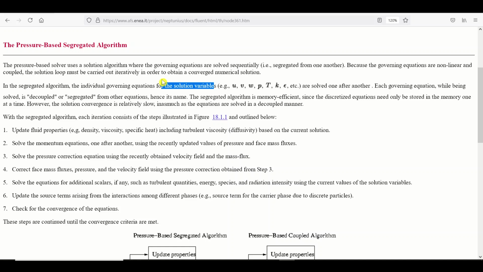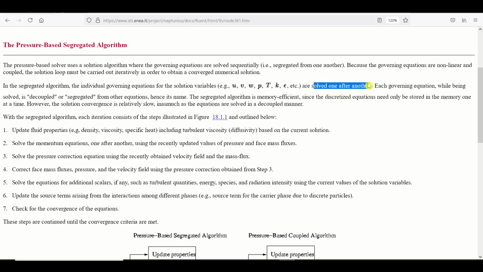Variables are the unknowns that we are finding from the solution or the simulation. Now we have this u, v, w over here. These are nothing but the velocity fields in the u, v, and w direction, that is x, y, and z direction. Then we have the pressure, we have the temperature, and we have the turbulence, k and epsilon. And these equations, which are meant to solve the solution variables, are solved one after the other.